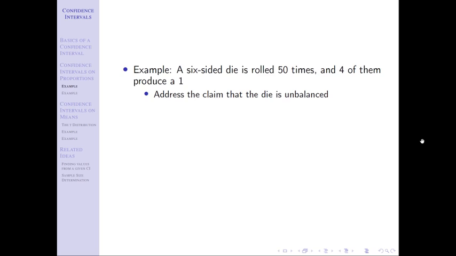So this says address the claim that the die is unbalanced, and this is where we have to do a little bit of critical thinking. If the die is balanced, I would get a 1 on a 6-sided die 1 out of 6 times. 1 out of 6 converts to the decimal 0.167.